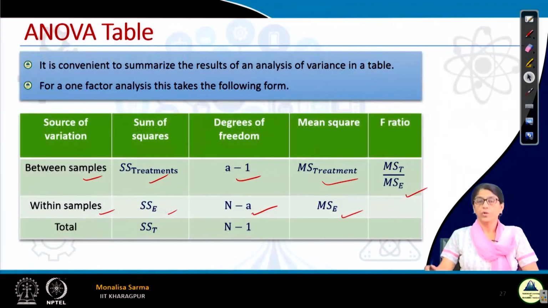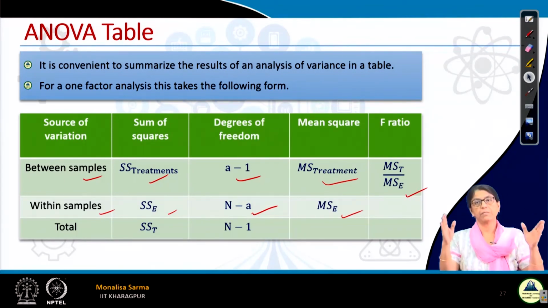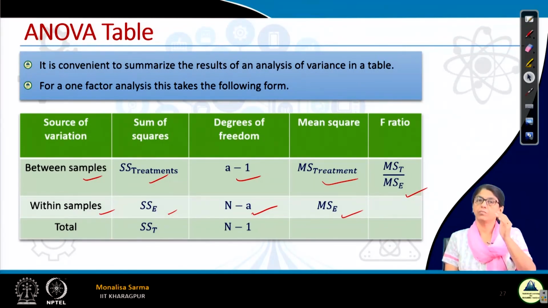So, basically to conclude, when we are doing ANOVA, exactly what are we trying to do? We are trying to do two things. One, we are trying to find out the variability between different groups. Second, we are trying to find out the variability within groups. The variability between groups I term MS treatment, and the variability within groups I term MSE.